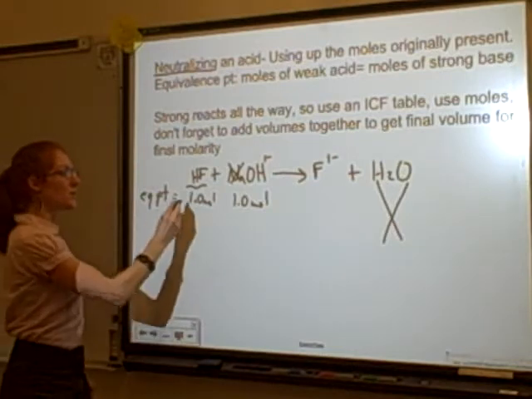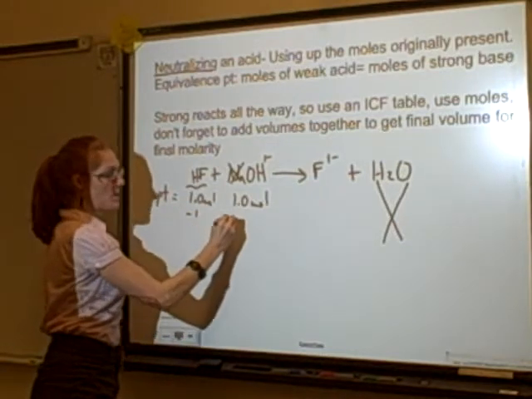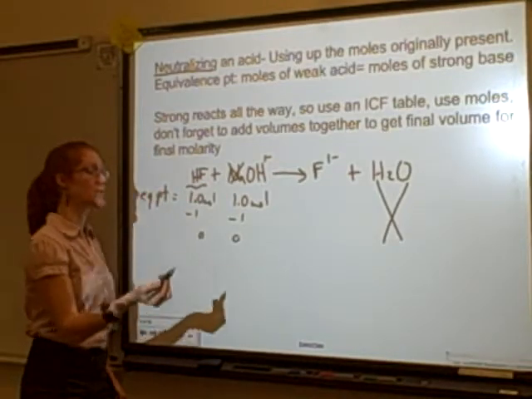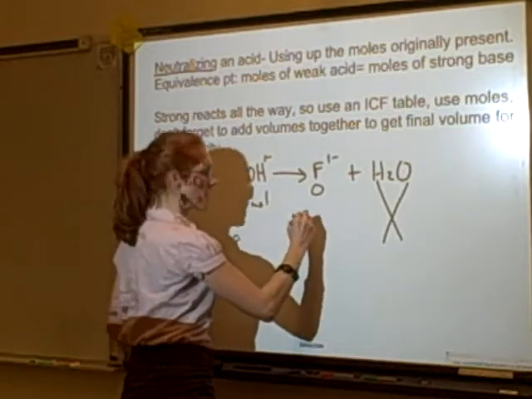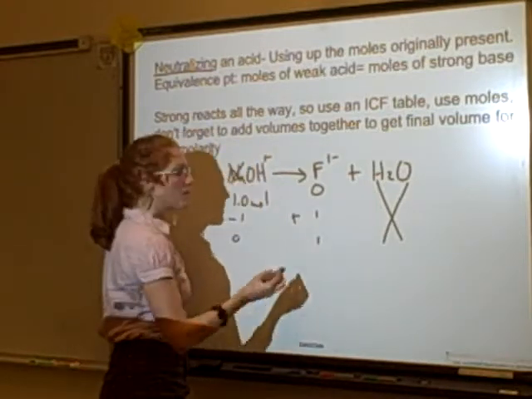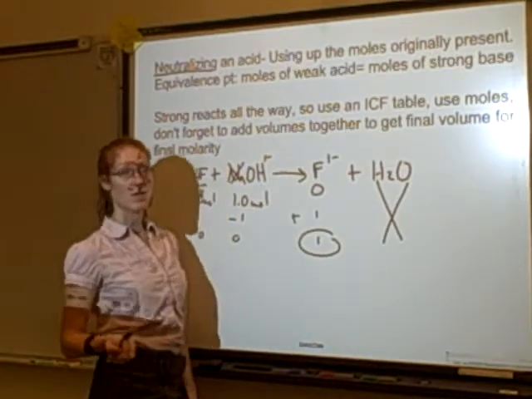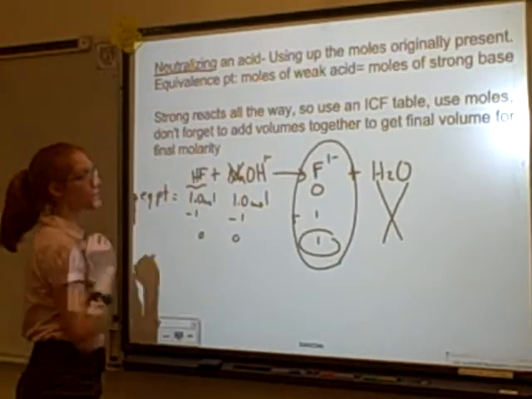So if I have 1 mole and 1 mole, I'm going to use up the whole thing. So I won't have any of either of these left at the equivalence point. And I started with none of the conjugate, none of that product. I make 1 mole. So in the end, the only thing that's going to affect my pH is the conjugate weak base of this weak acid.